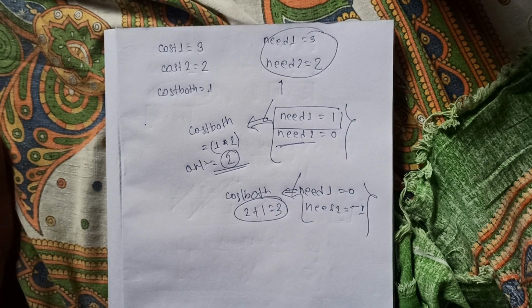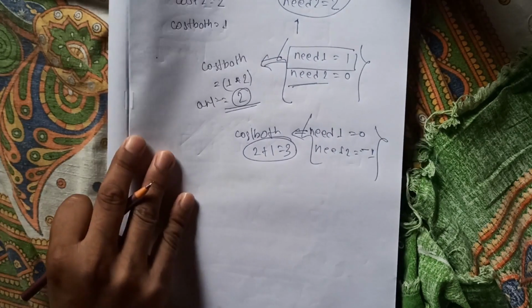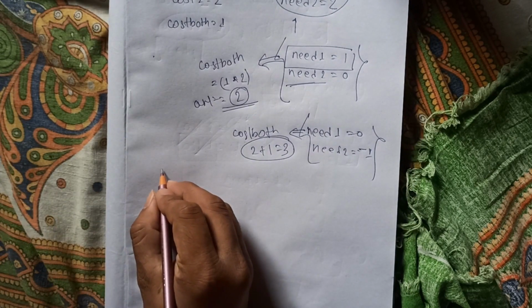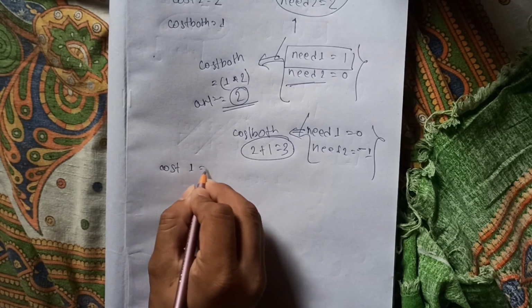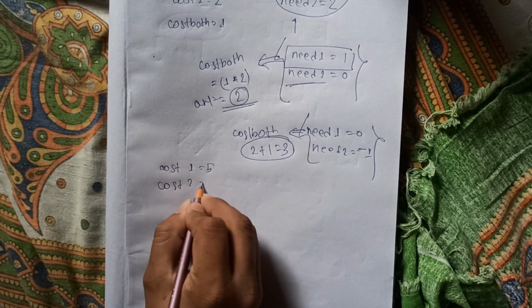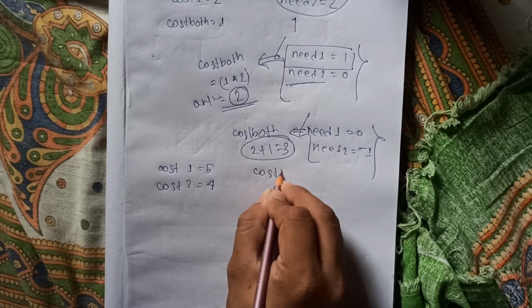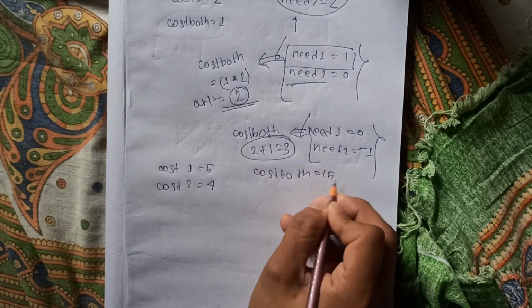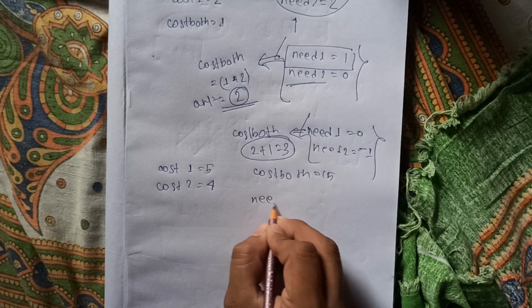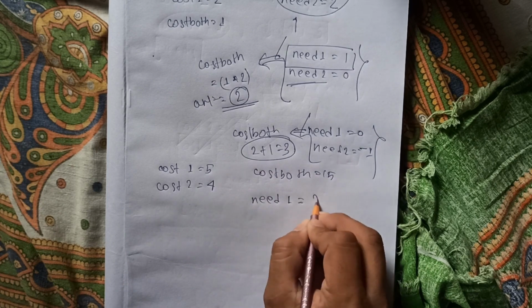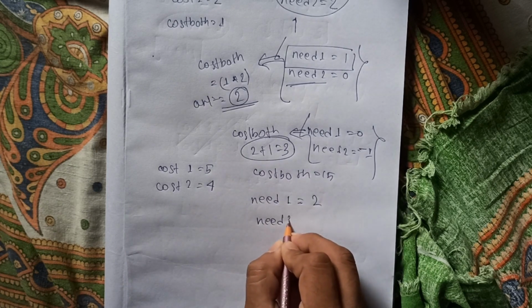Let's quickly look into one more test case. Cost 1 was 5, cost 2 was 4 and cost both was 15, and need 1 was 2 and need 2 was 3.